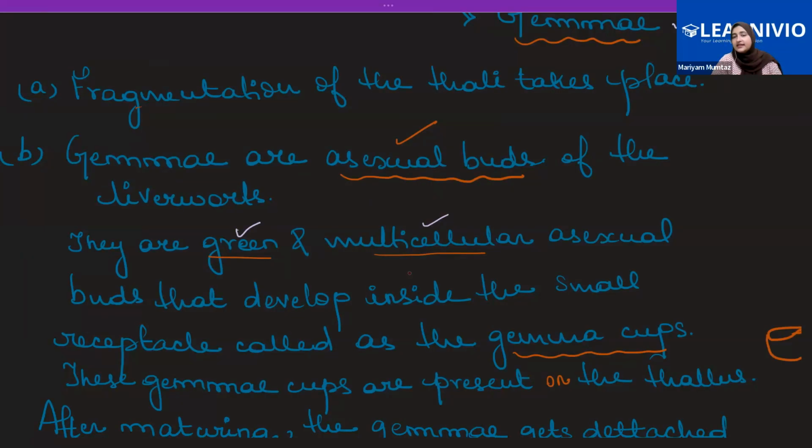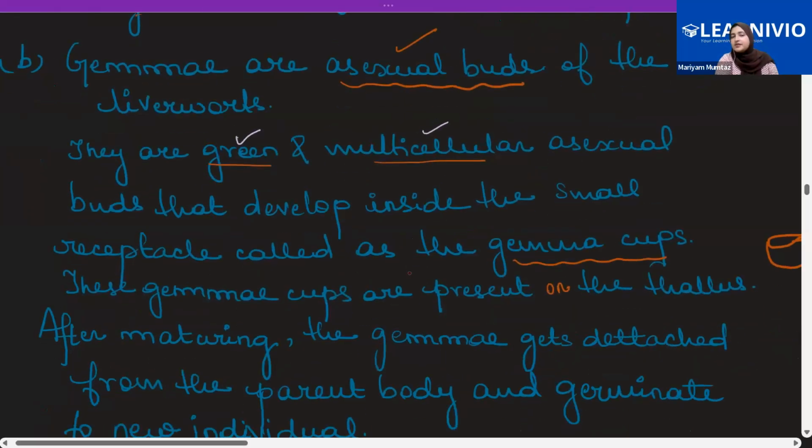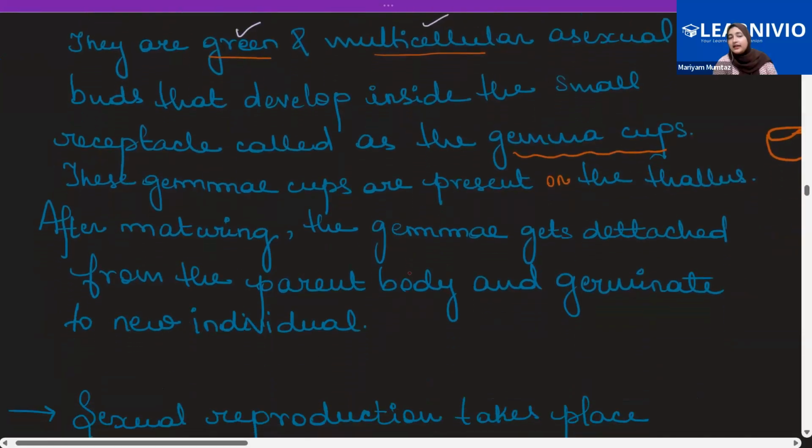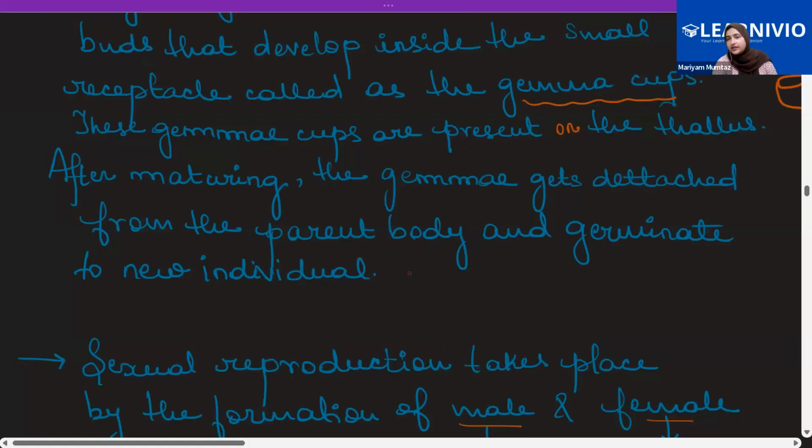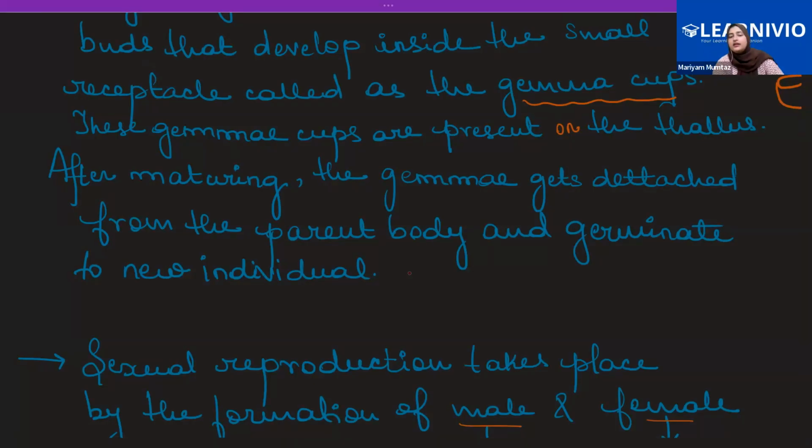They are green, multicellular asexual buds that develop inside cup-like structures called gemma cups. So gemma cups are present on the thallus only, and as they mature, the gemma gets detached from the parent and becomes a new organism. So here no gamete fusion is happening, so it is asexual.